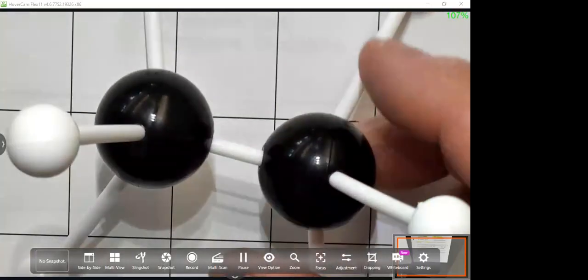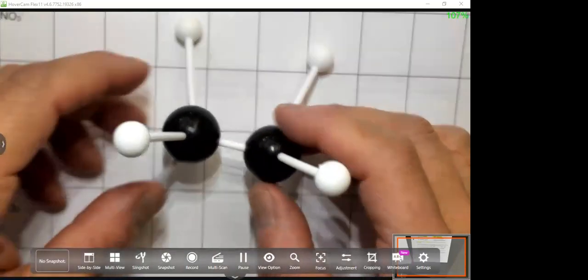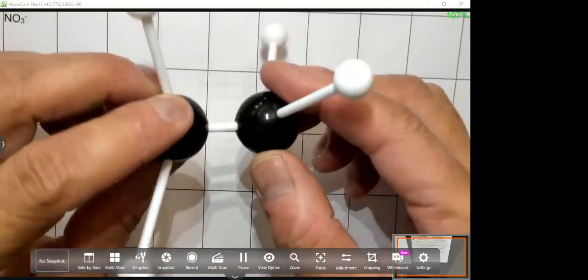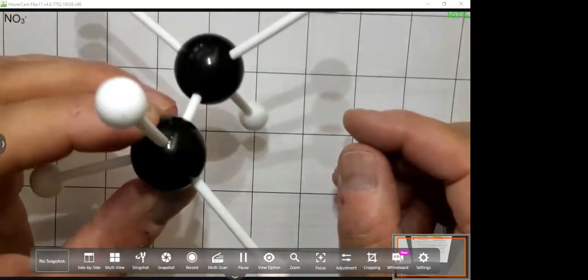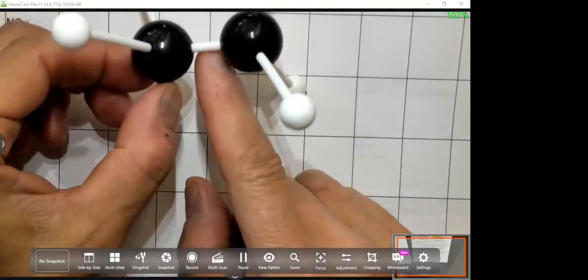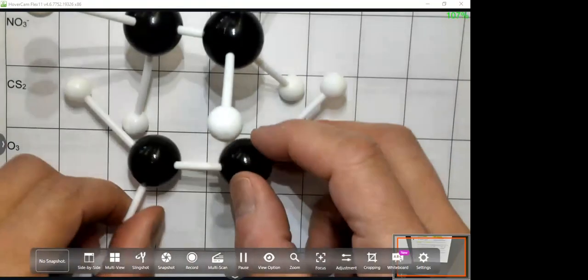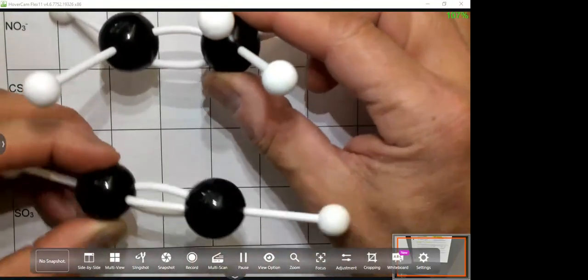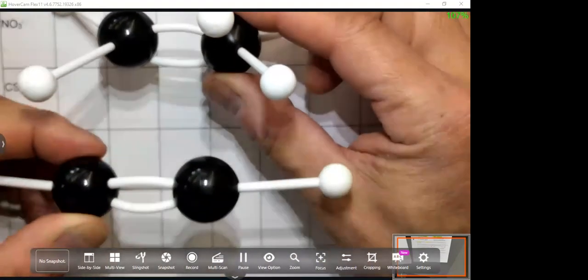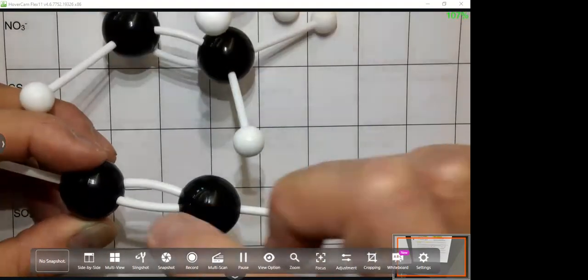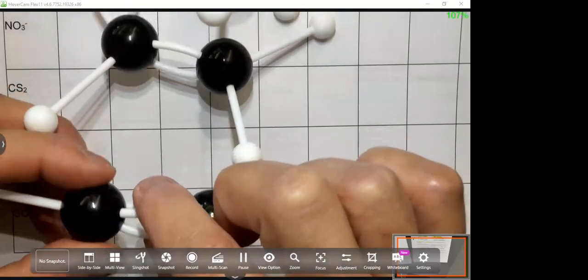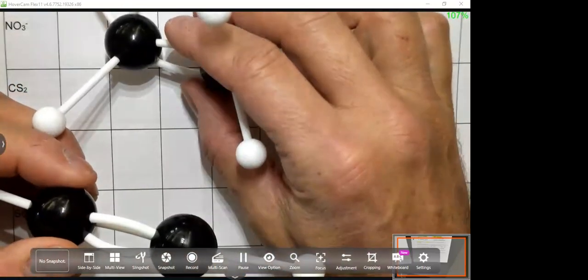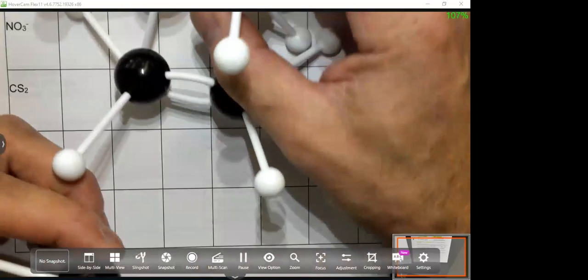There's a problem here. We know that if you have CH3CH3, if you have a single bond versus a double bond versus a triple bond, the bond length of the triple is shorter than the double, and the double is shorter than the single.